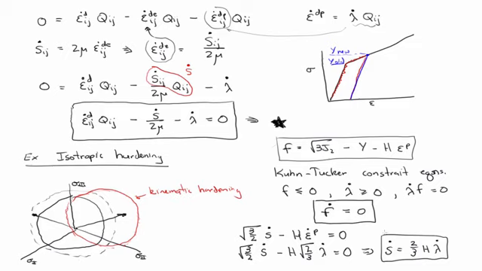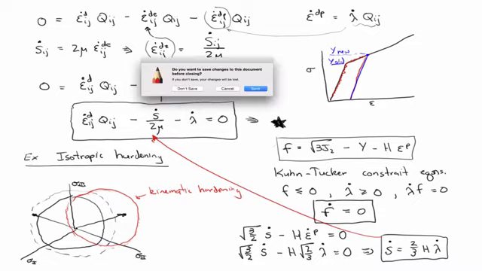And then we'll plug that back into star. And then we have an equation that the only unknown is lambda dot, and we can solve for it. So if we do that, we get that lambda dot is equal to this.